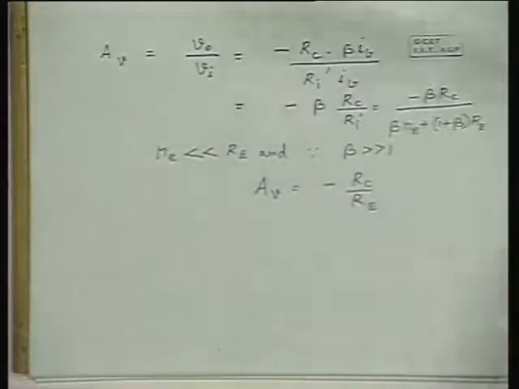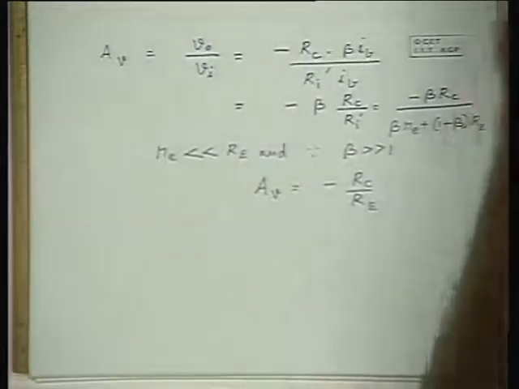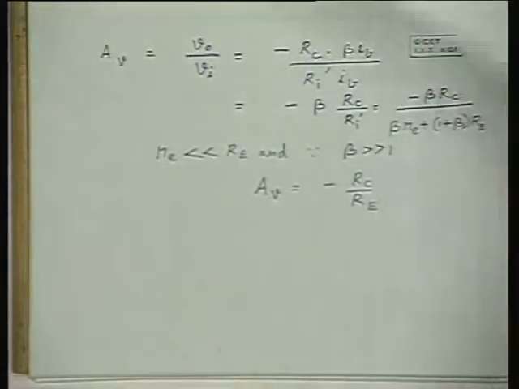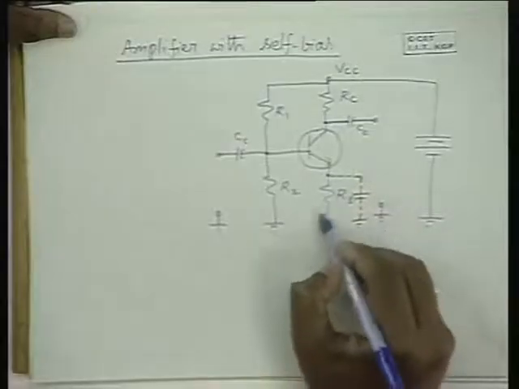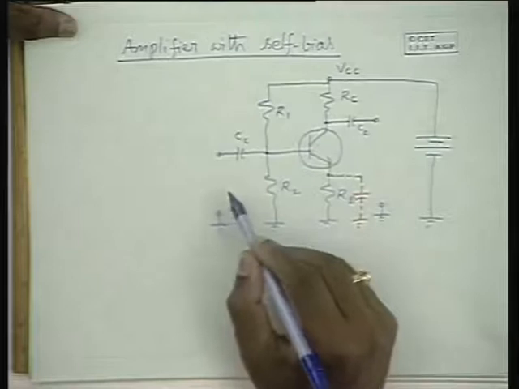So what is your comment about the voltage gain? The voltage gain is very low, of the order of unity in the circuit. What is responsible for that? The emitter resistance is responsible for that. The voltage drop across the emitter resistance is acting as a feedback to the input side.